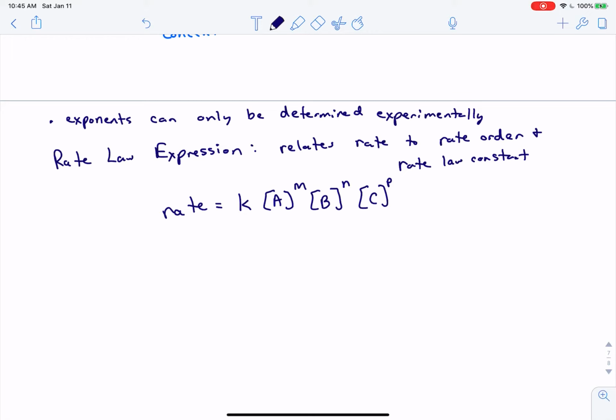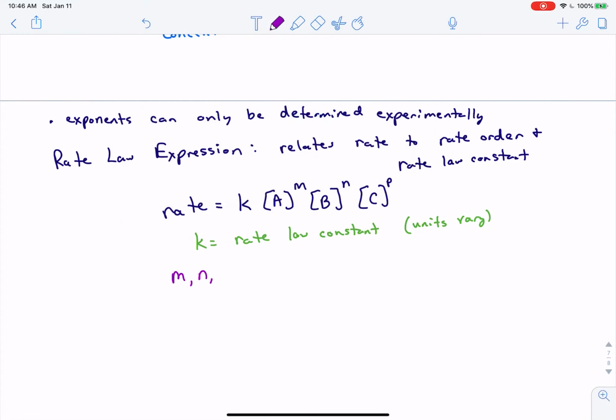Okay, where lowercase k is the rate law constant. That's the fixed constant for the reaction, and that changes based on reaction. Units vary depending on the orders. Okay?